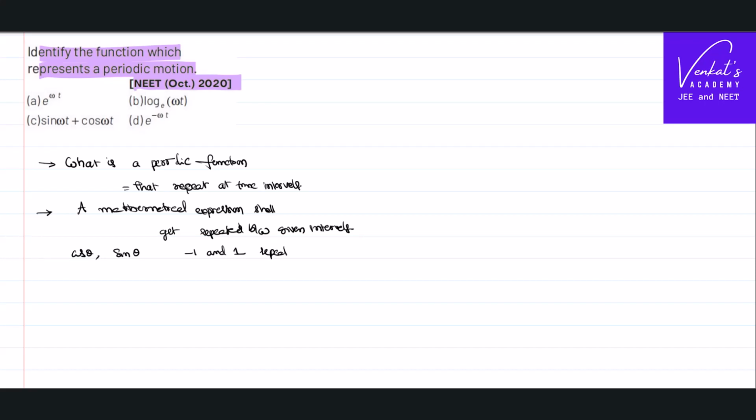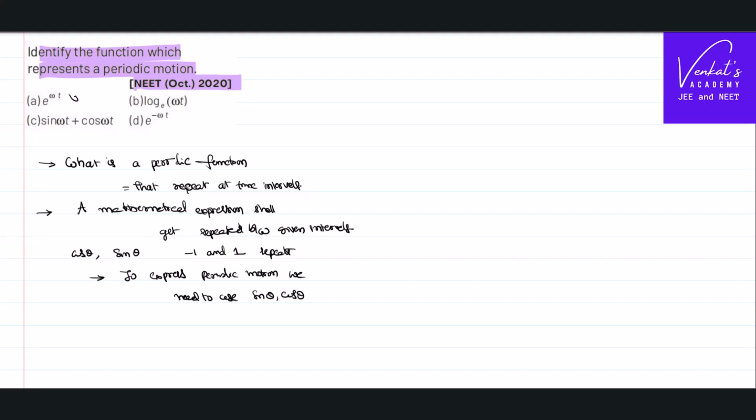That's why, to express oscillatory motion or a periodic motion, we need to use a sine function or a cos function.